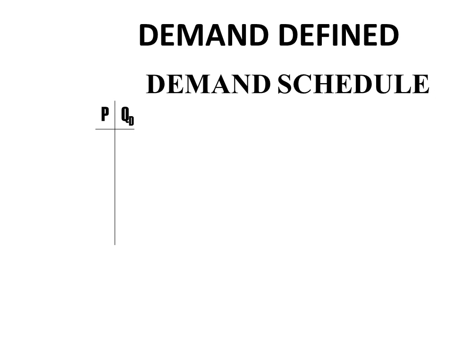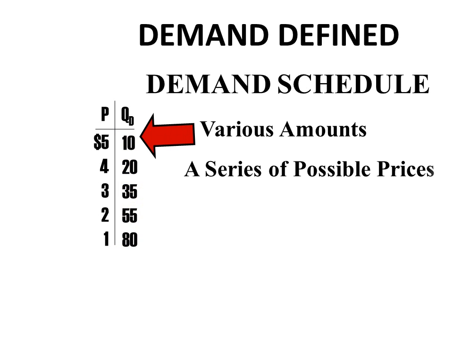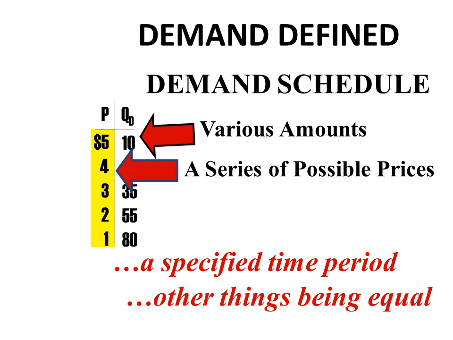Although economists always say supply and demand, typically we teach the demand side of the equation first. So let's discuss this idea of demand, some of the specifics, what we mean about the demand and the demand schedule. First of all, if we look up top and it says demand defined, demand is a schedule. So what we're looking at here is the relationship between the price and the quantity demanded in the market.